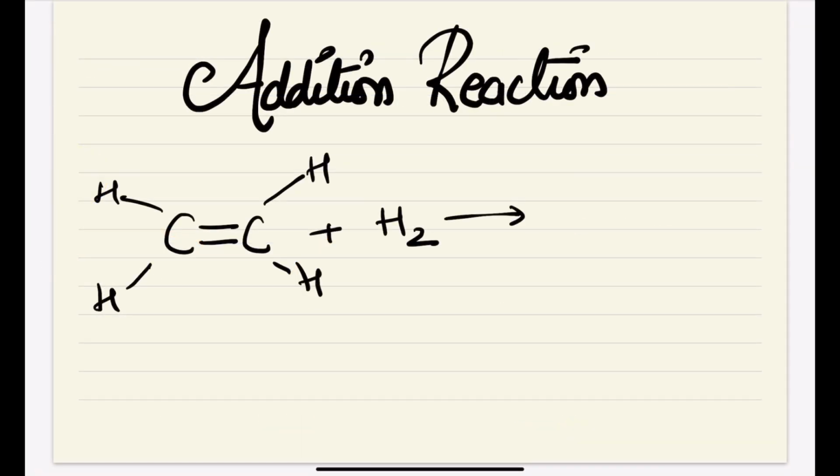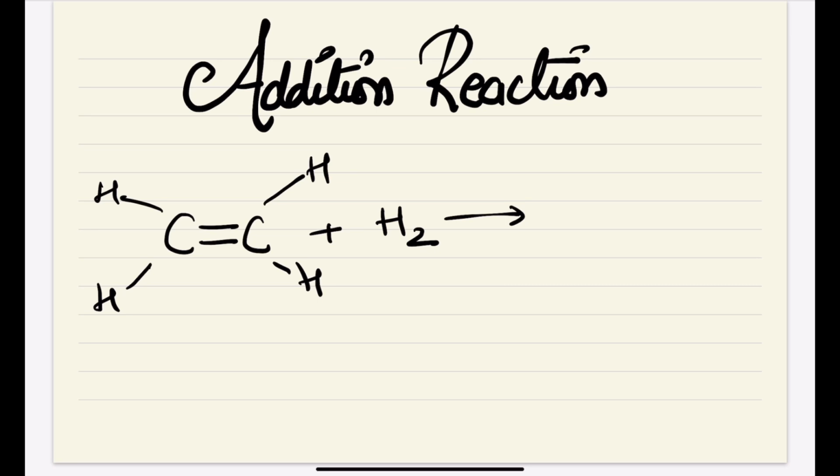So let's move on to the next reaction that you need to know, and that is addition reactions. This is the formation of alkanes that we're talking about, because obviously alkanes are saturated. We saw in the first slide of our video, alkanes are saturated compounds. They have all single bonds, so nothing can be added. You can only replace atoms.